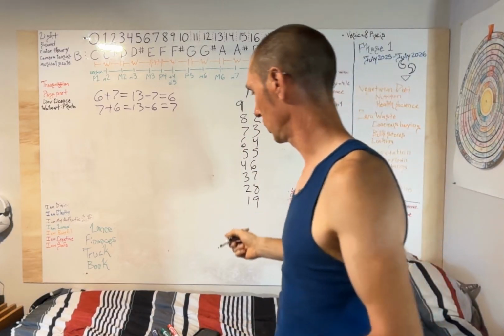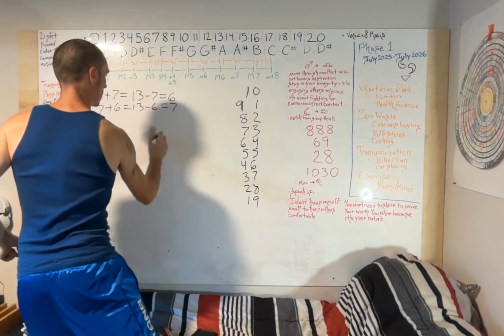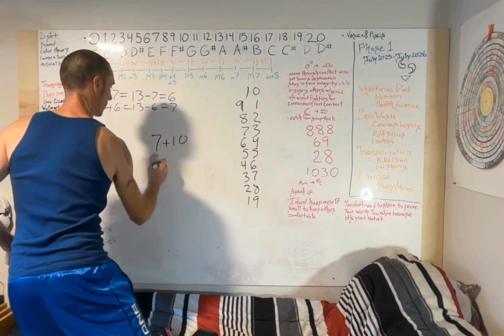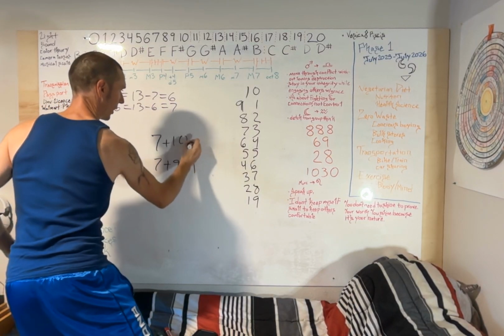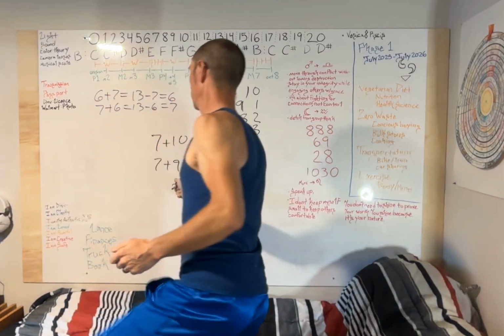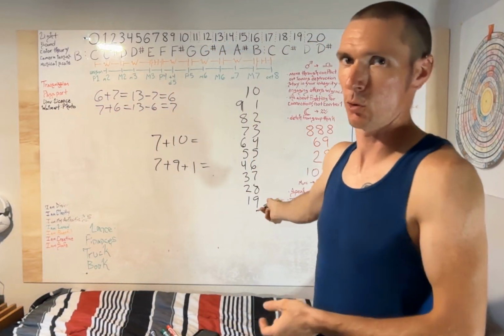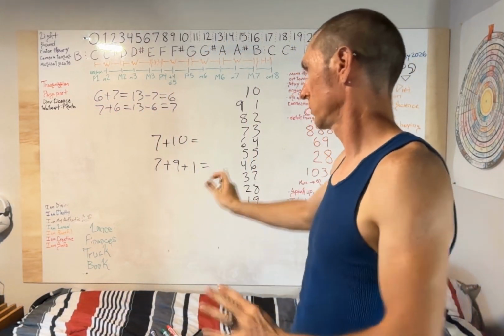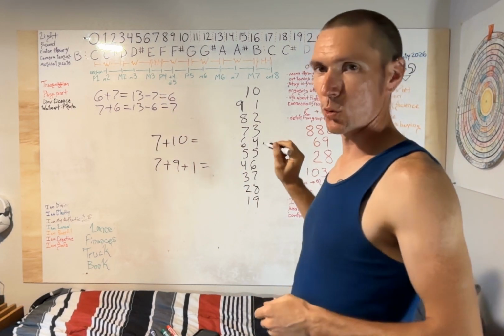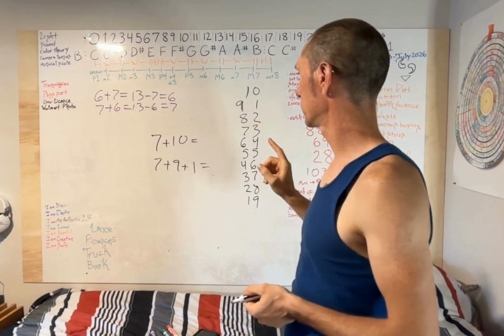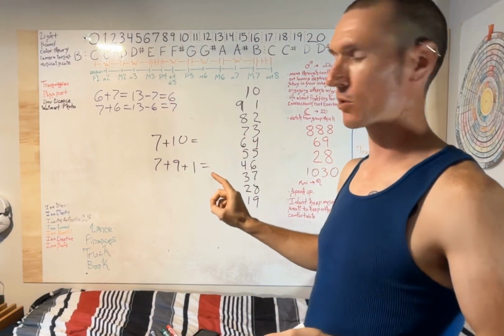So 7 plus 10 is also 7 plus 9 plus 1, right? So you can just break numbers up. I've used that concept. That's one of the concepts that I use.